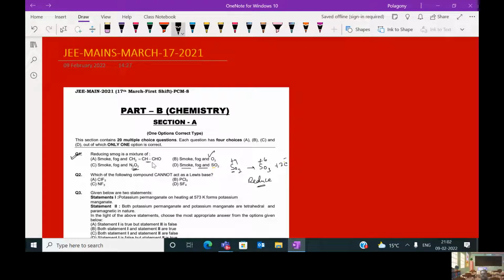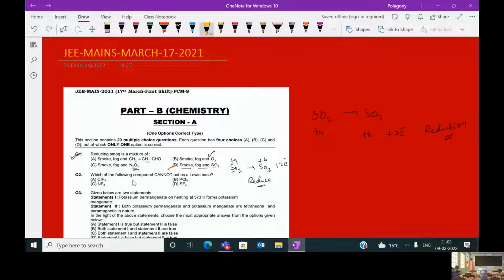The sulfur oxidation state in SO2 changes from +4 to +6, giving 2 electrons, which causes reduction of another substance. That is the reason. So we can give D as the answer for this question.